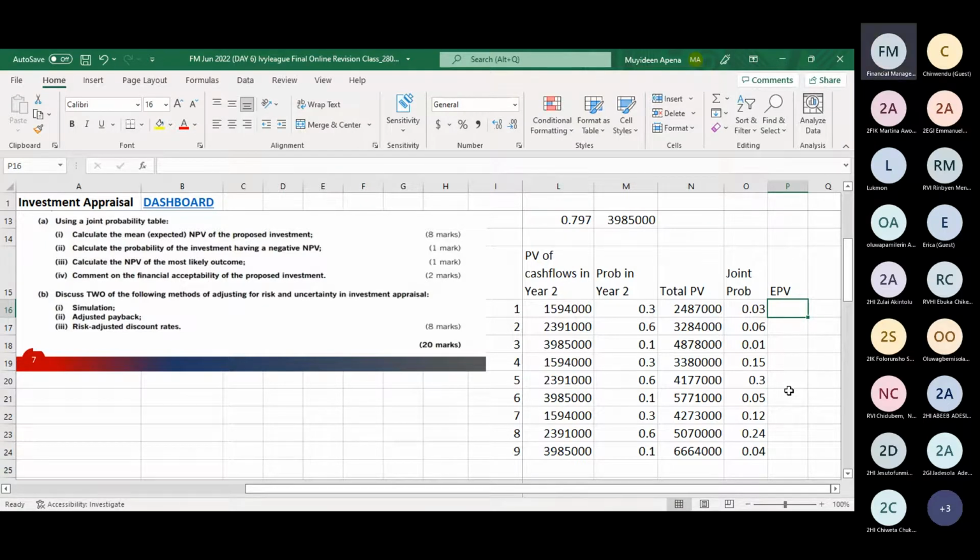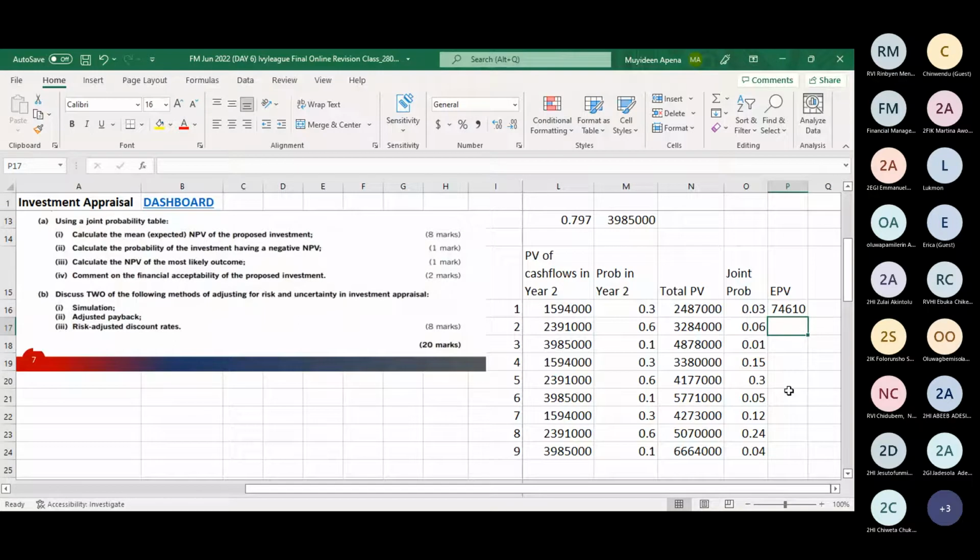The expected present value of the first scenario is going to be what? Total present value times joint probabilities. Are we following?